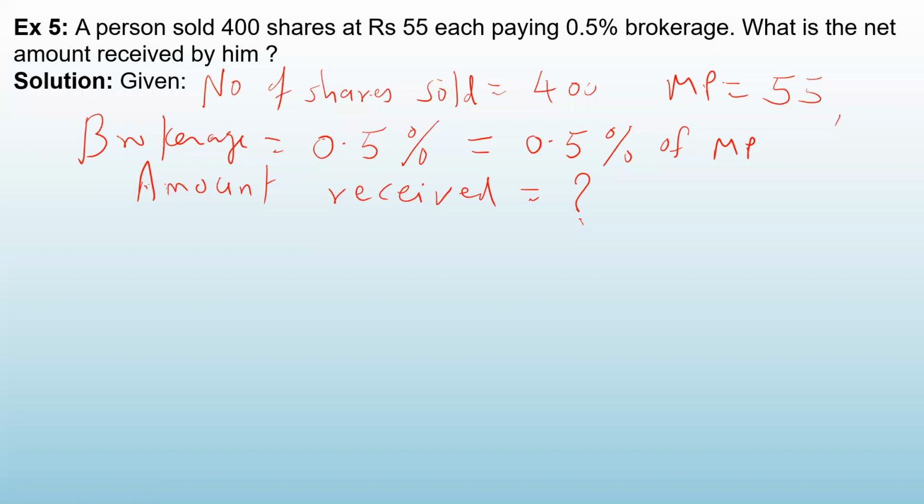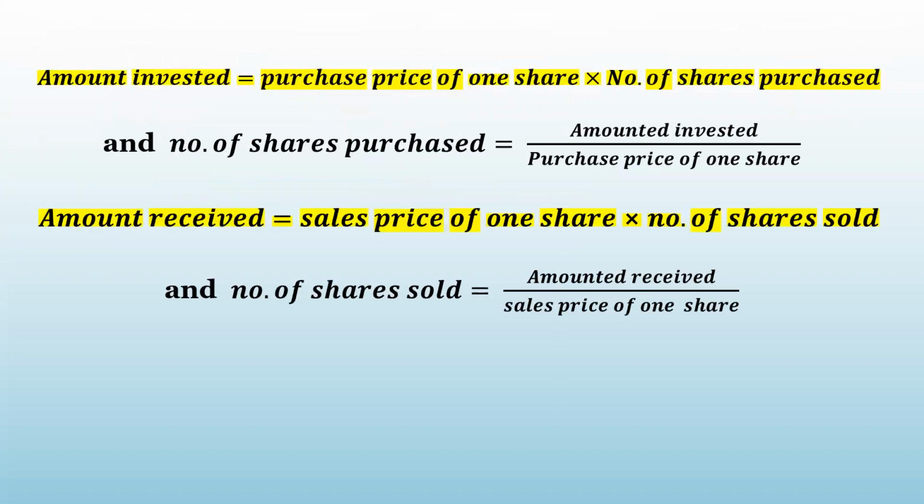To find out the amount received, you must know what is the selling price of one share, that is, how much money you get on selling one share. If you multiply it by number of shares sold, then you will get the amount received. Look at this formula. Amount received is equal to selling price of one share multiplied by number of shares sold.